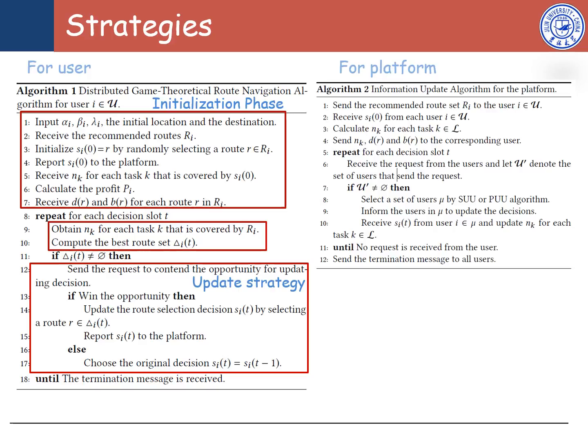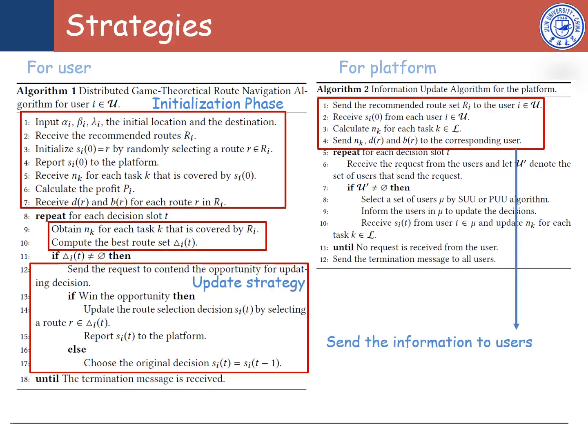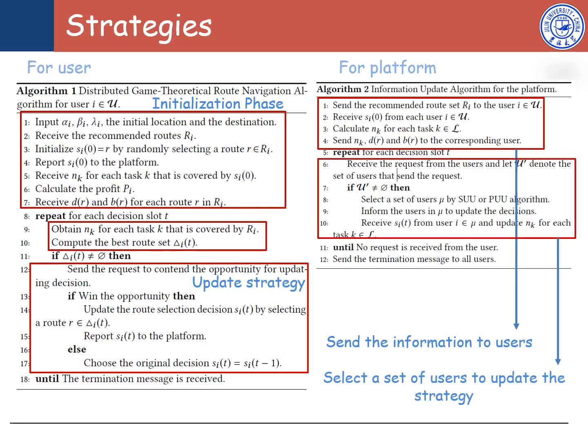For the platform, firstly, it sends the parameters and information to the users. Then, the platform selects a user to update the decision. When no request is received from the users, the platform sends the termination message to all the users.